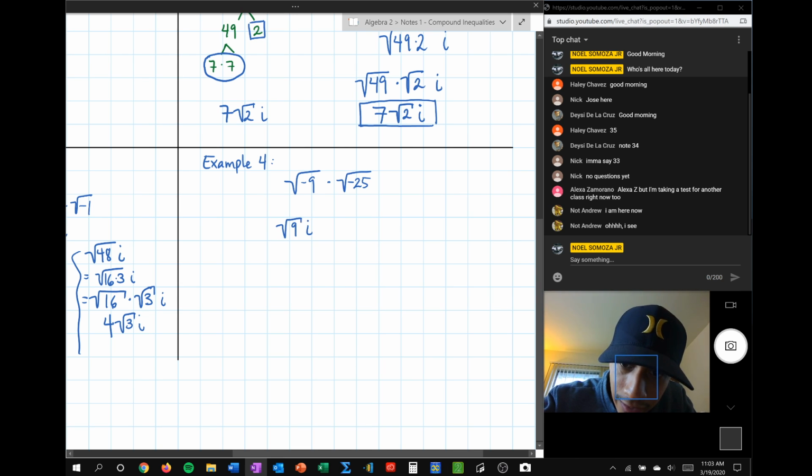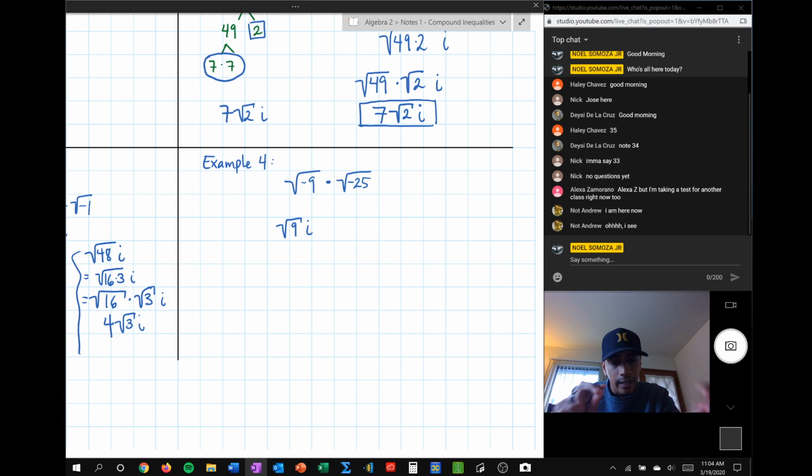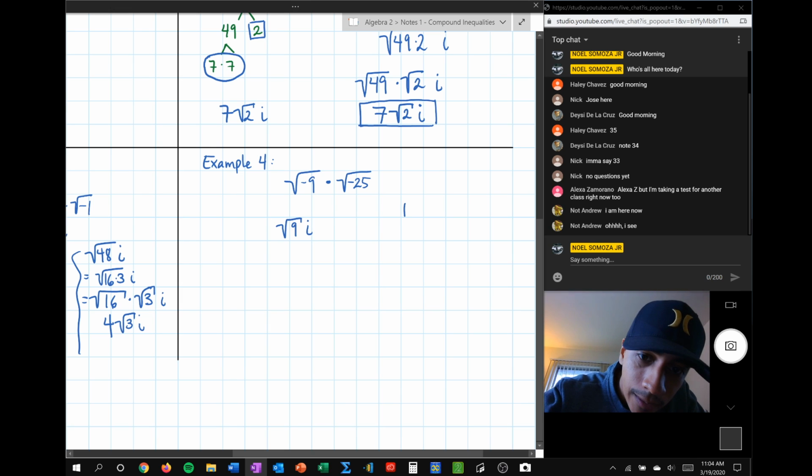So when you have a product, you may have been tempted to multiply the two numbers on the inside, okay? But that's not the correct way to do it. If you have a negative number inside of the square root, you convert to imaginary first, okay? So make a note.